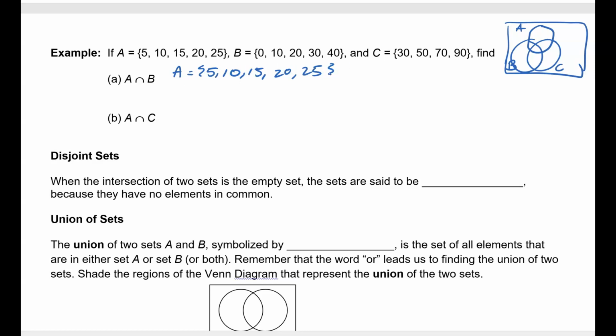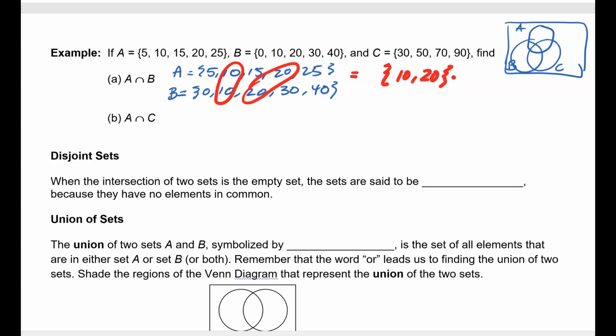When you're finding the intersection of two sets, I really like to write them out so that they're right on top of each other. And that way I can look and see what they have in common. So it looks like they both have a 10, and it looks like they both have a 20. So the answer for this is going to be 10, 20.